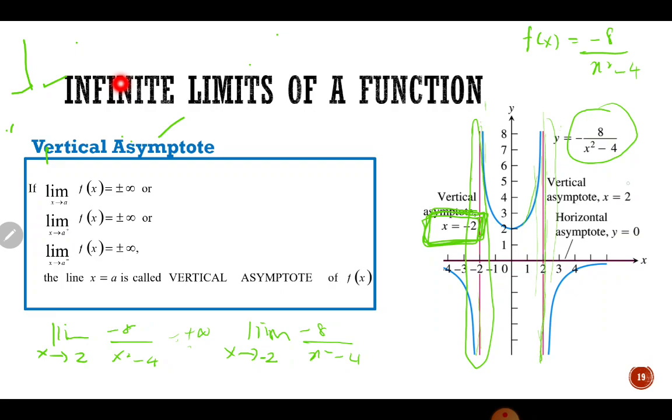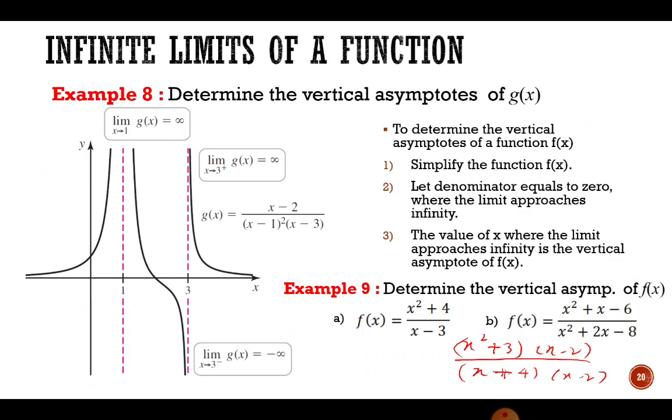So we call the line x equals to 2 ni sebagai kita punya vertical asymptote. Line ni yang mana graf warna biru ni takkan potong, takkan cross. Okey, dia takkan potong.